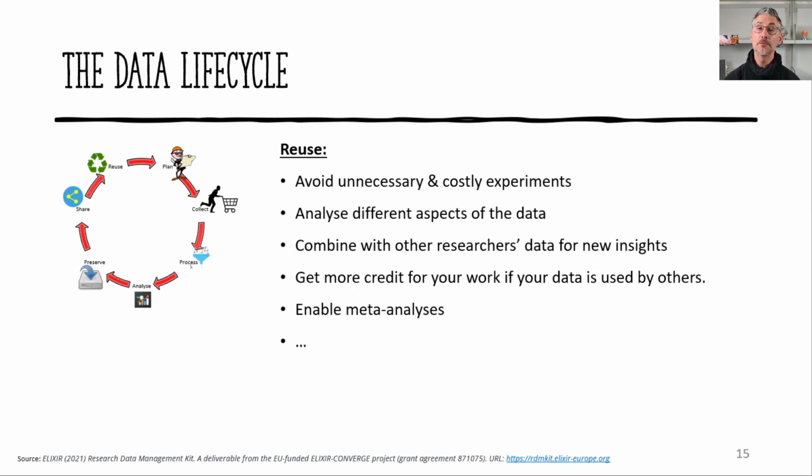This leads us to the reuse of data. So in our own perspective, it avoids unnecessary and costly experiments, but we can also analyze different aspects of the data and, for example, merge our data with other data. We can also get more credit for our work, of course, but it also enables meta-analysis that analyze all the data and the analysis of the data that are already there and gain new insights.